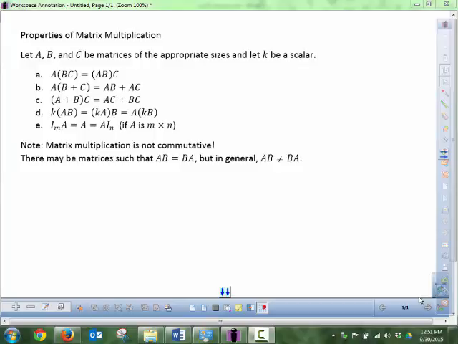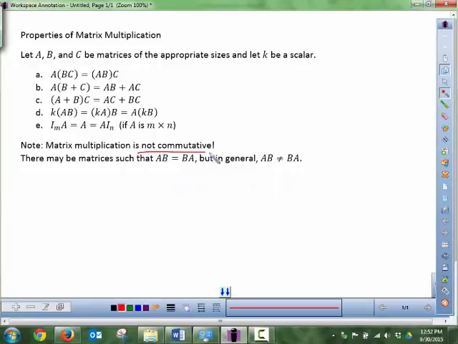So we had the addition and scalar multiplication properties last time. We talked about the addition being commutative. We can add A plus B and B plus A will give us the same result. So that's one of the big results for multiplication, and the multiplication is not commutative.